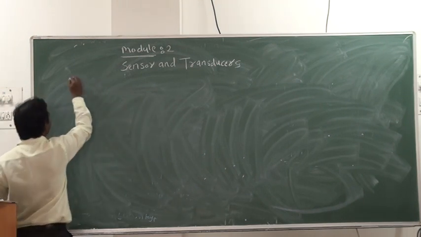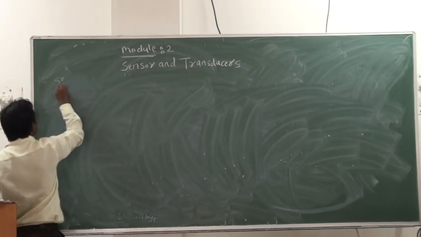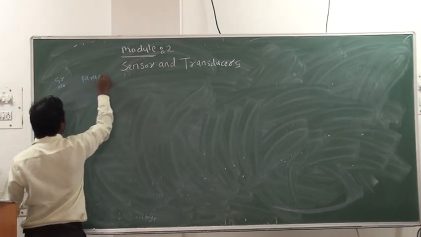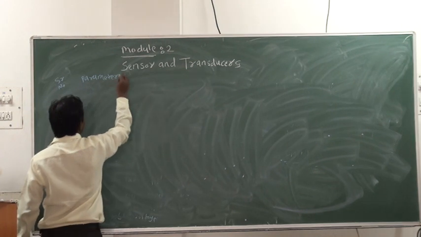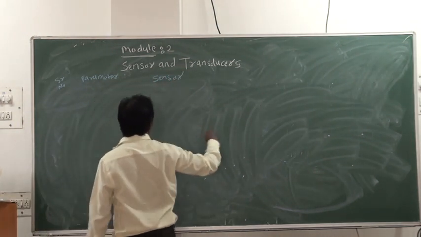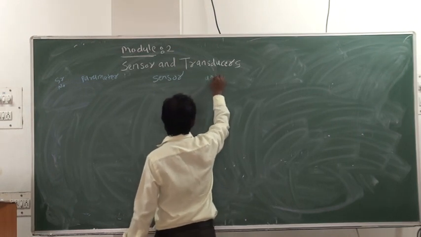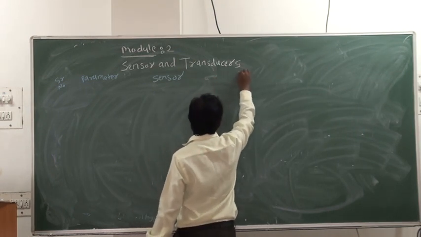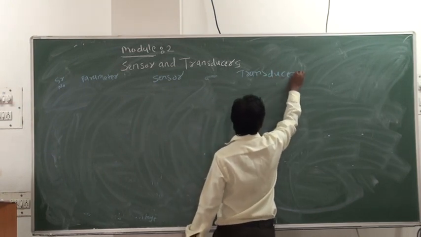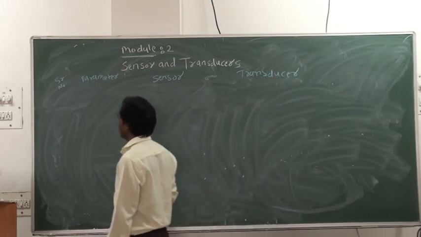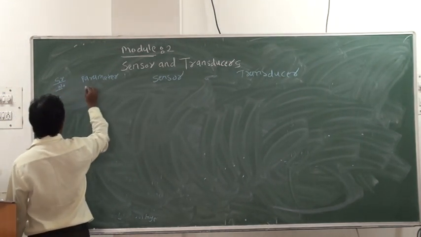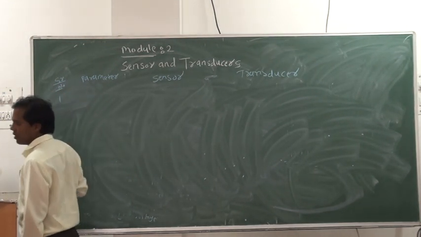So first serial number, parameter, on which parameter it will be differentiated, sensor, and second one here transducer. Parameter first, definition.